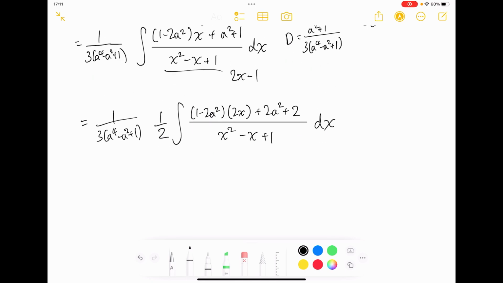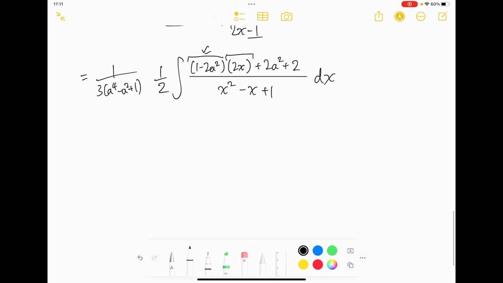Now we need the minus 1 part. How do we get the minus 1 part? Well, currently we have 2x of these. If we subtract one of these, then we get 2x minus 1 of these. So if we subtract one of these, we have to add back one of these, to balance things out.